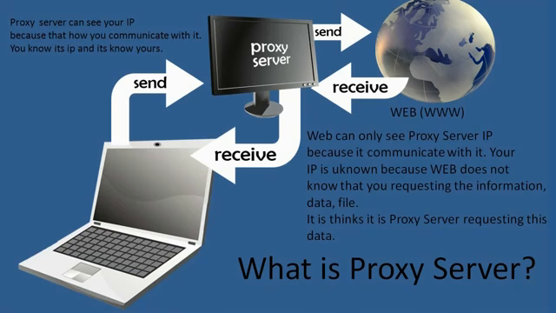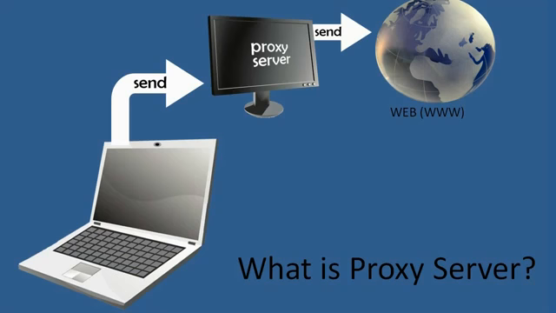But then what happens? When the proxy server sends the information to the web, the web knows only the IP address of the proxy server, but doesn't know that you're requesting that information through the proxy server. It has no ability to find out. It thinks that the proxy server is a computer requesting information from the web. So it sends that information to the proxy server and thinks it's a user. It doesn't think it's a proxy server.